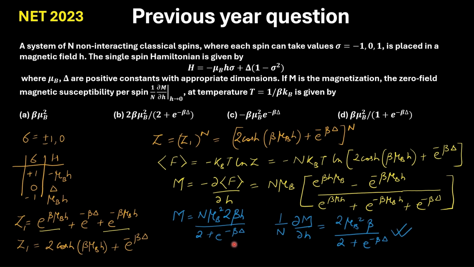Here, please note that H tends to 0, I have already implemented in the expression of the magnetization. So the correct answer is, I think, option D. No, correct answer, sorry. The correct answer is option B.